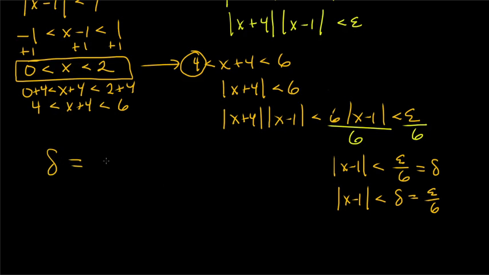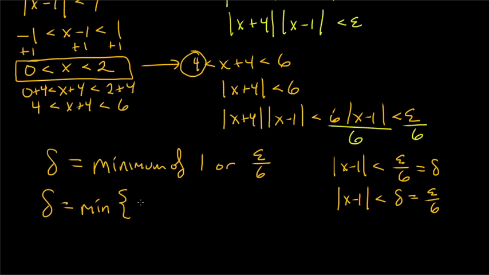So I'm going to choose the smaller of the two values. Pick delta to be the minimum of either 1 or epsilon over 6. So we can write that as just the minimum of the set of numbers 1, epsilon over 6. Whichever one is smaller should be good enough.